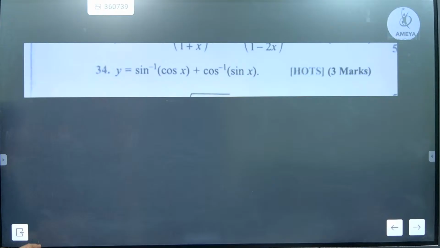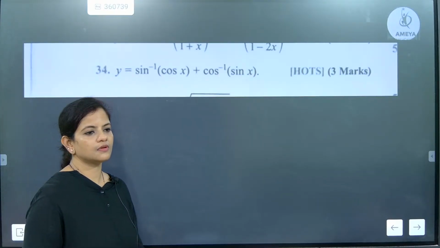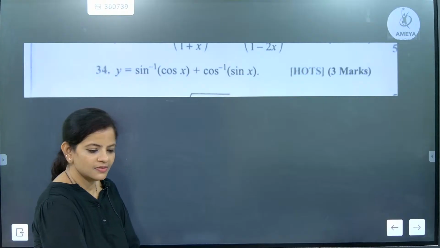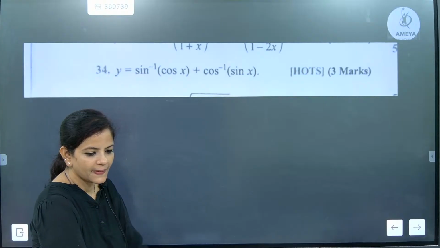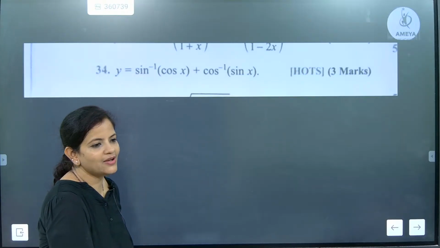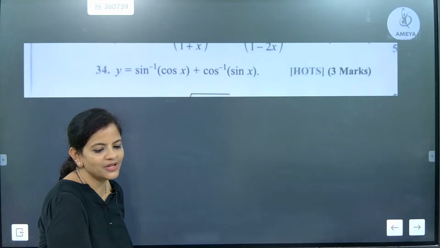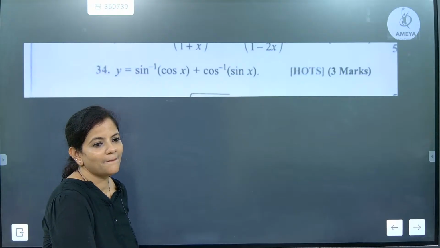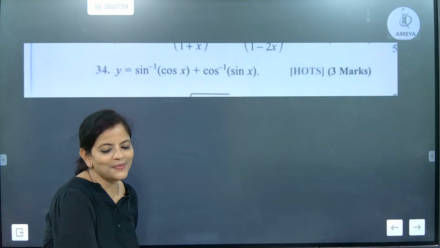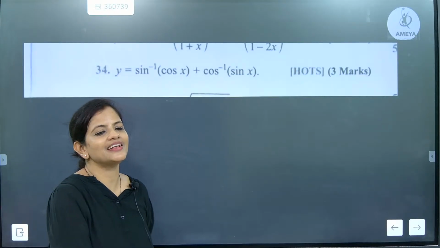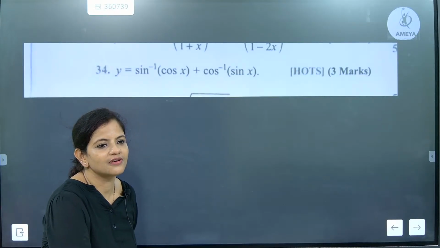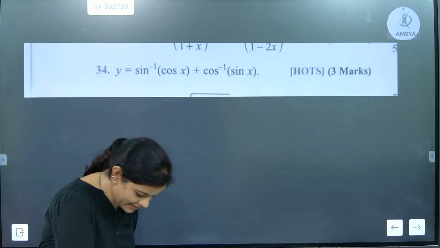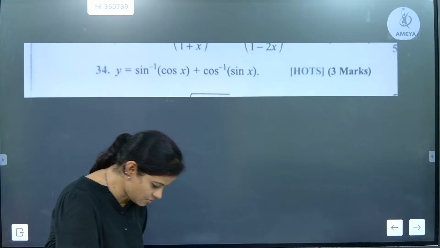Come on, I'll give you one clue. Did you get the answer? Anyone? Okay, do try. But give me the answer. The problem is complementary. Sine is the complementary of cos. I gave you the biggest clue. Nothing is there in the question. It's a waste of time only. The question is not at all that level.